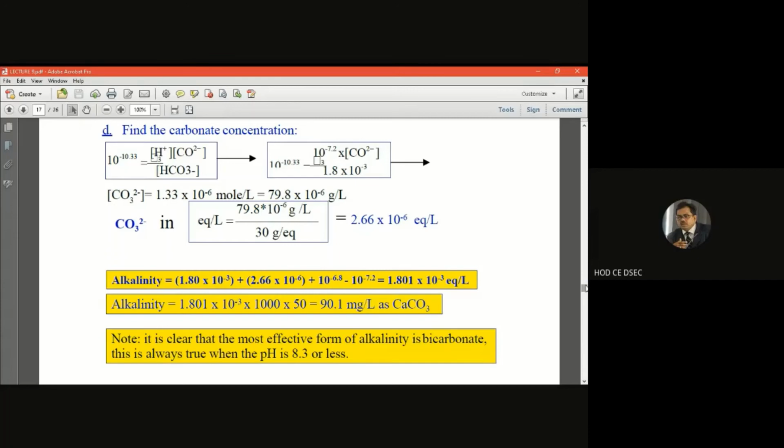So 1.801 into 10 to the power minus 3 into 50, because 50 is the equivalent weight of calcium carbonate, since we are transforming the expression to the calcium carbonate scale. Into 1000, because gram is converted to milligram. So the alkalinity value we finally get is 90.1 milligram per liter as CaCO3.